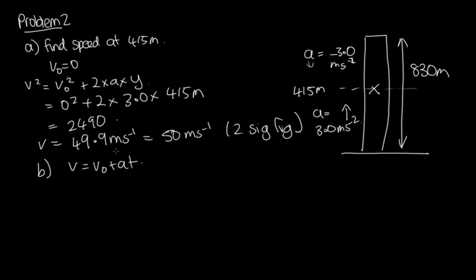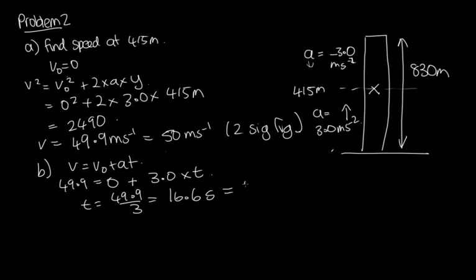So v, we know that when we're halfway up, our speed is 49.9 meters per second. The initial speed down here was 0 meters per second. The acceleration is 3, and the time, that's what we're trying to find. So t is equal to 49.9 on 3. And solving that, we get 16.6 seconds, which is equal to 17 seconds to two significant figures.